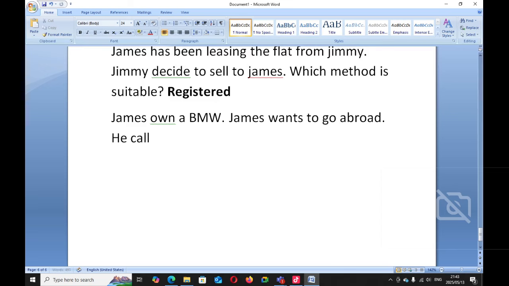He called his friend Vusi to accompany him to the airport.